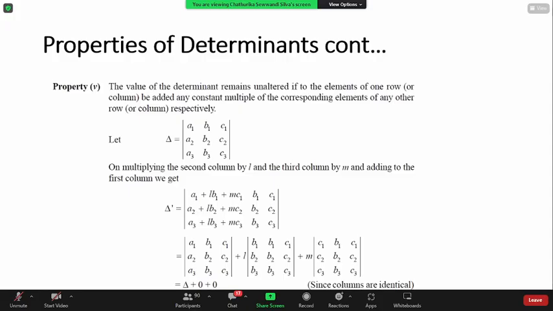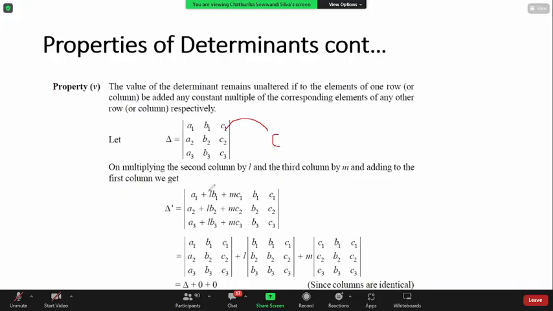So what they are telling is, let's assume this is the original matrix and we have found the determinant of this matrix. Let's assume the determinant value is C.